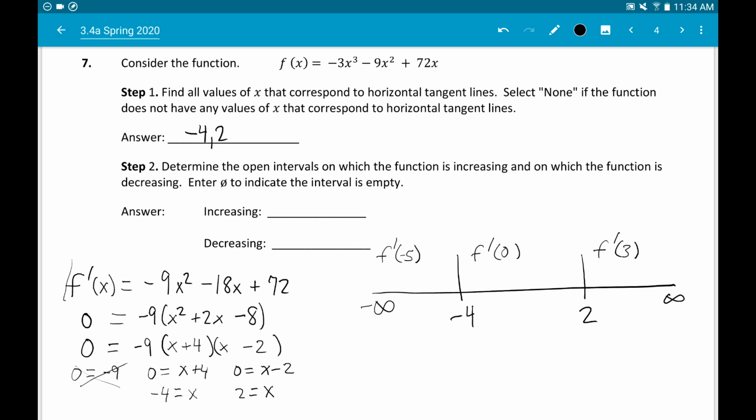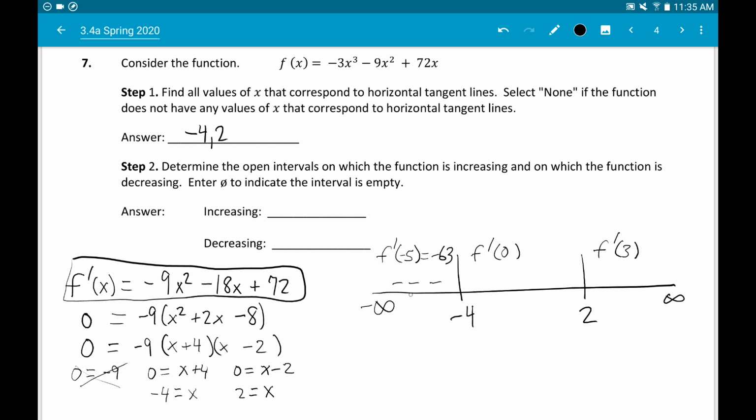And again, here's our derivative. You can plug them into that. Okay, so I'm going to get my calculator here and plug in -5. I get -63 when I plug that in.